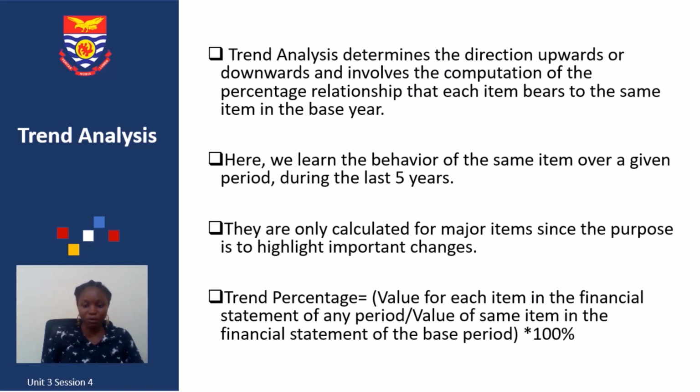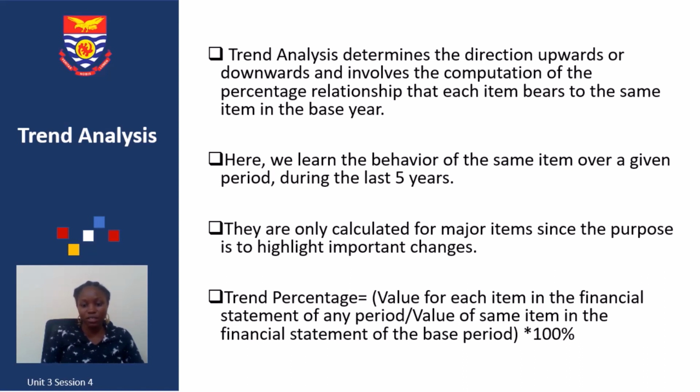We take the same for 2019, the sales revenue for 2019 divided by the sales revenue for 2017 multiplied by 100. Then the sales revenue for 2020 divided by the sales revenue of 2017 times 100.